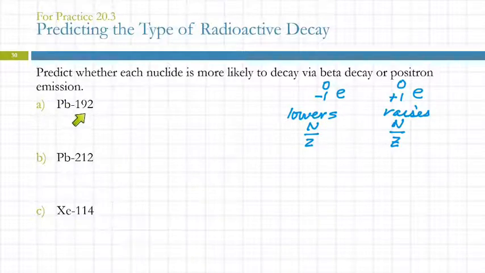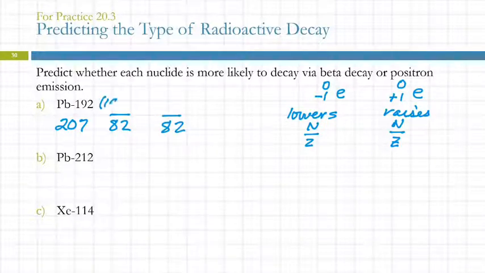So for lead-192, we can look at lead on the periodic table and see that the average of the stable nuclides is 207. And so in the numerator is the neutrons, in the denominator is the protons.